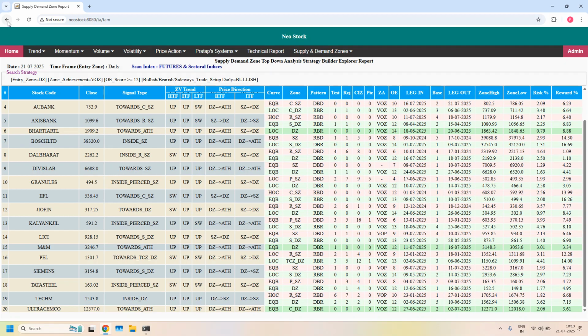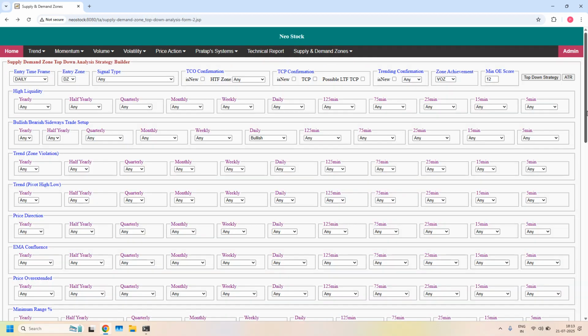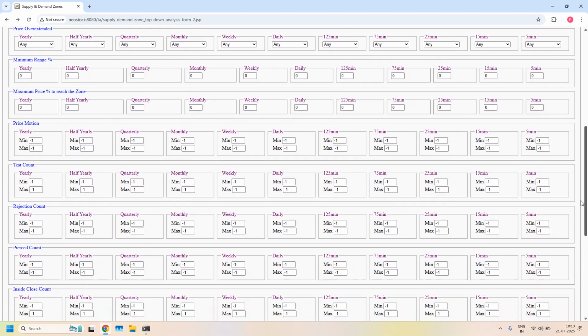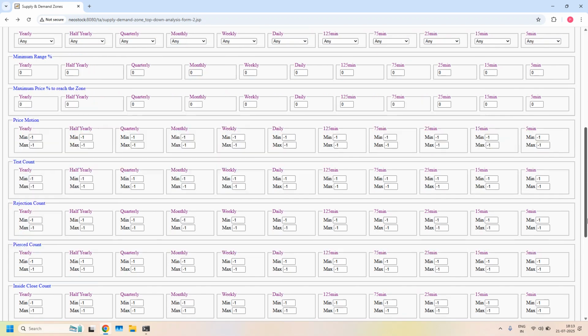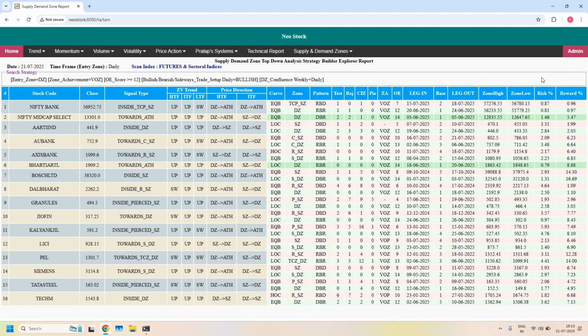Okay, first filter I am applying on these 20 stocks, demand zone confluence. So in the demand zone confluence parameter, I am applying the filter daily demand zone and weekly demand zone confluence. That means daily demand zone should overlap with weekly demand zone. And this filter is applied on those 20 stocks you have seen in the previous screen.